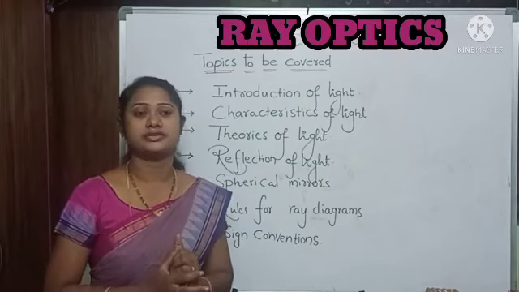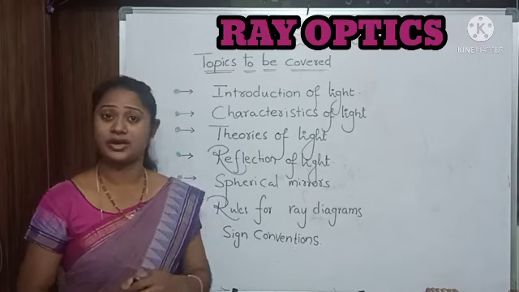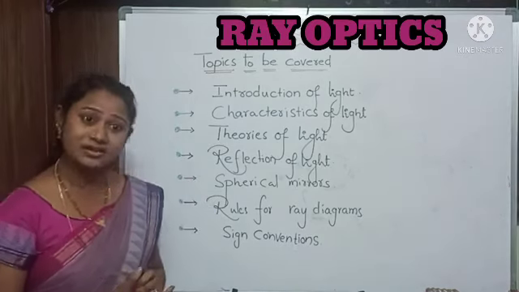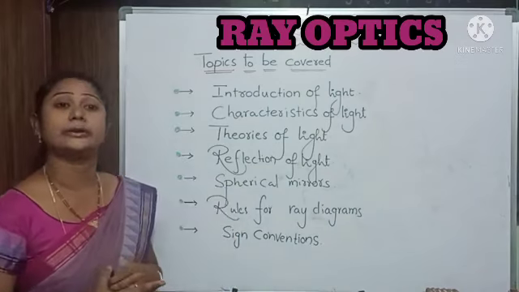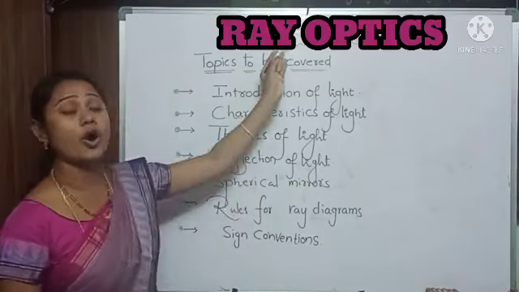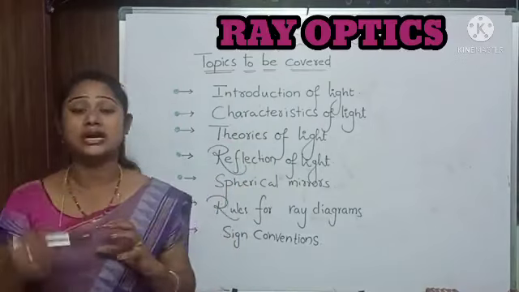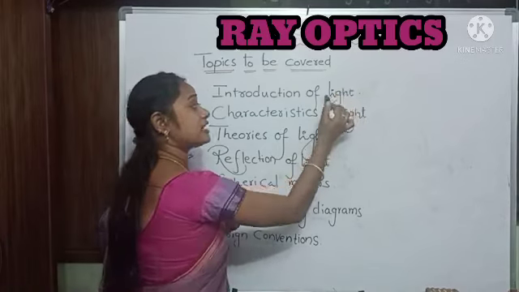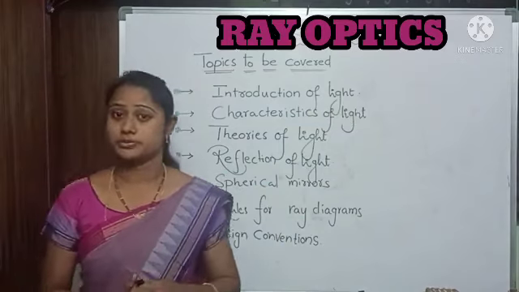For example, dear students, if I switch off the light, are you able to see anything? No. Why? Because for us the important thing is light. This entire topic of ray optics revolves around light. Here light plays the major role in this concept.